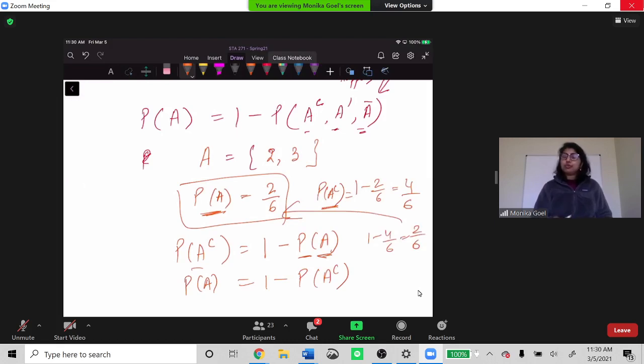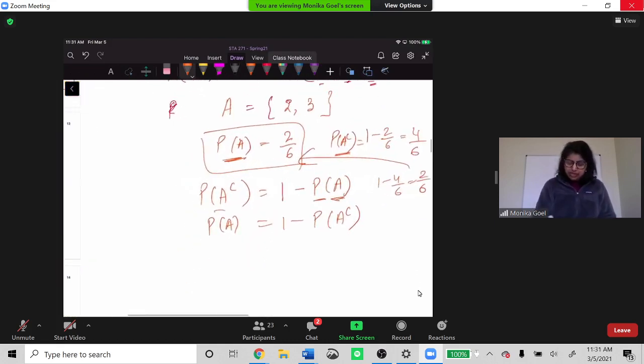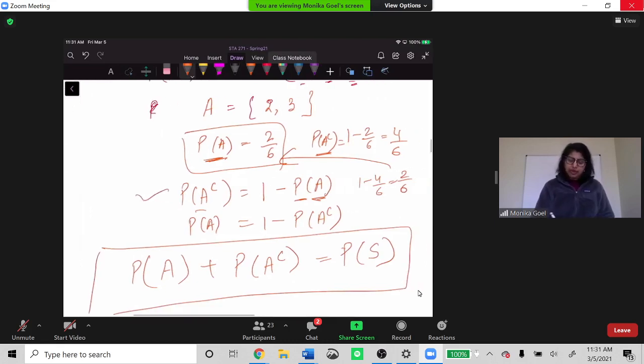So this is also one of the rules. When we say complement, it talks about everything other than that. And since we say that, probability of A plus probability of A complement is the probability of the sample space. So this rule comes from here.